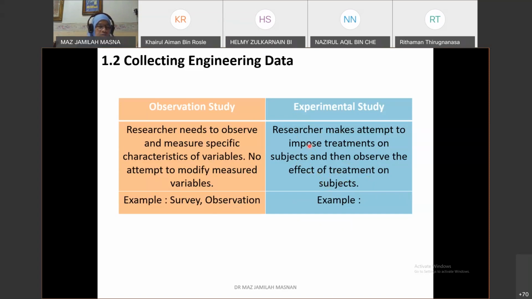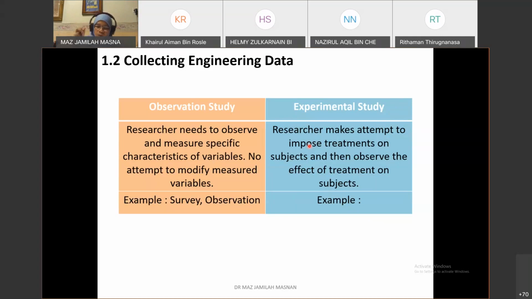Let's say if you're talking about trees, you have a land with durian, Musang King durian planted in your orchard. You have 100 Musang King trees, and you wish to know which fertilizer is good for Musang King. So you buy 3 different fertilizers. The treatment is your fertilizer, and the subject is your Musang King tree.